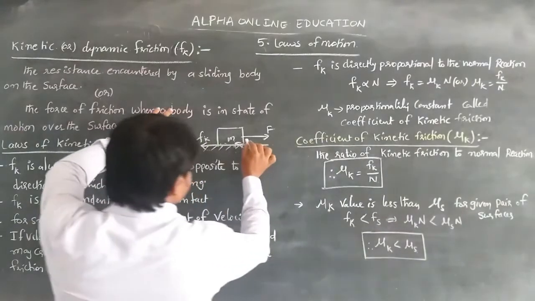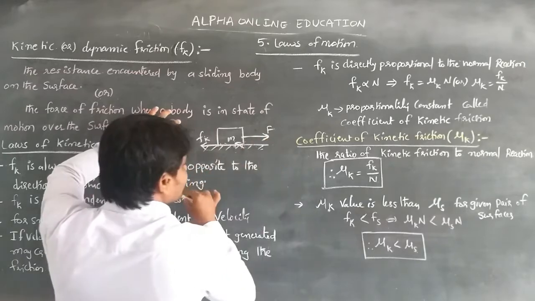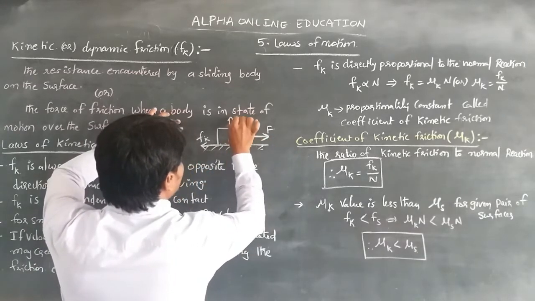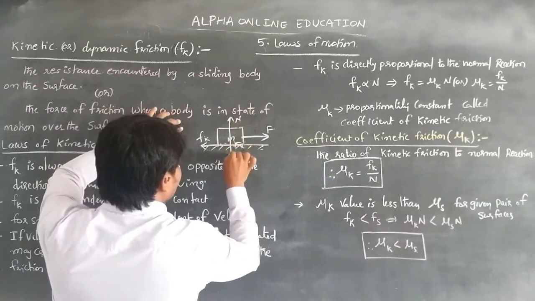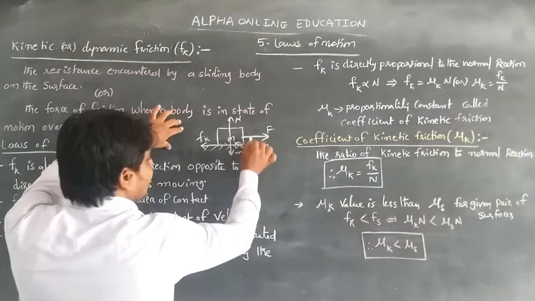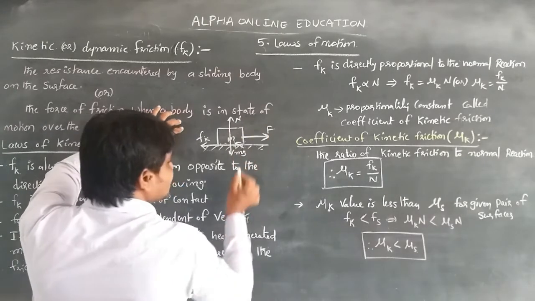Here the body is moving in this direction. We know the normal force acts perpendicular to the surface, and the weight due to gravitational force acts downwards, while the body moves in this direction.